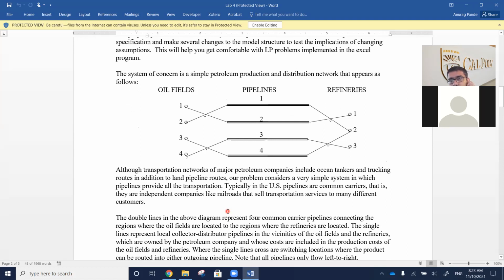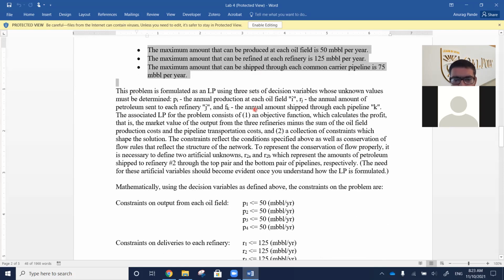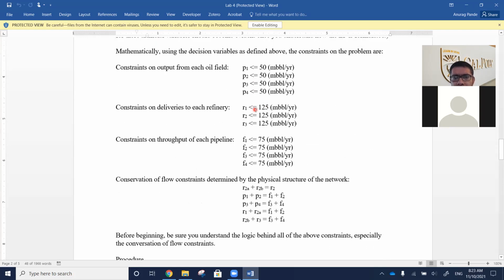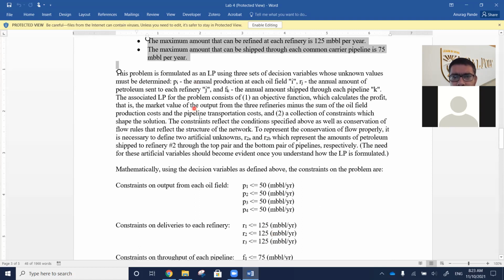That means that, if no flow is getting lost along the way, you have to make sure that all the stuff that comes out of the oil fields gets to the refineries and so on and so forth. So there are going to be some constraints related to conservation of flow here, and I write those down here.